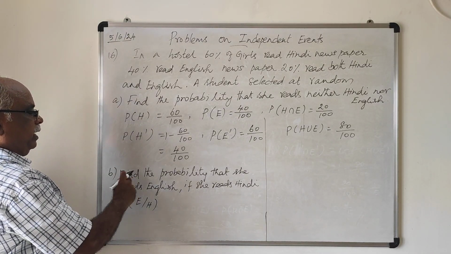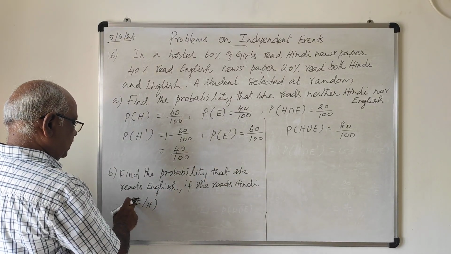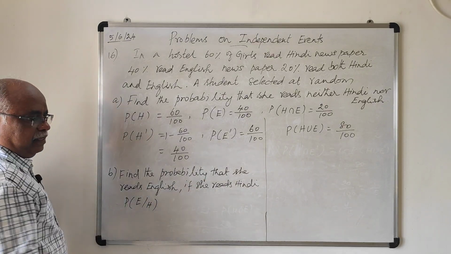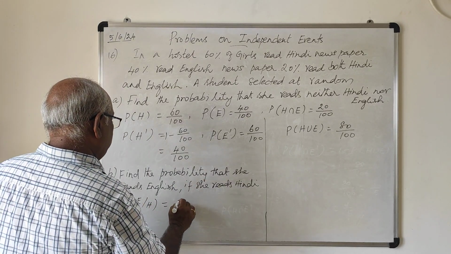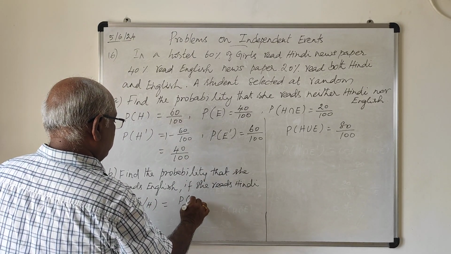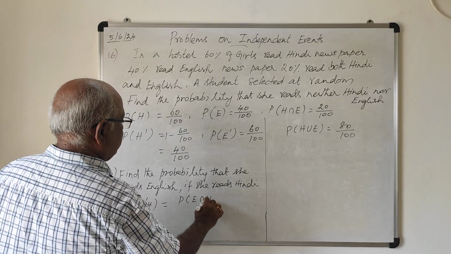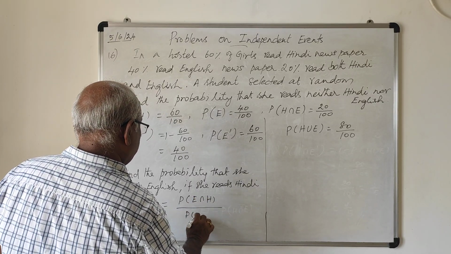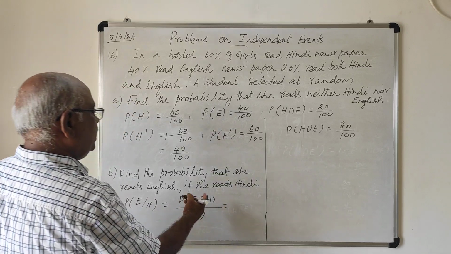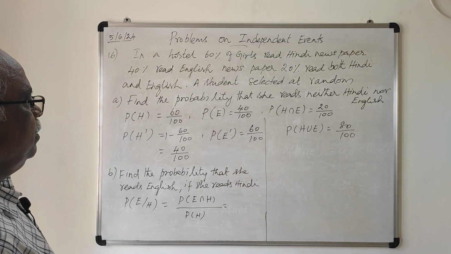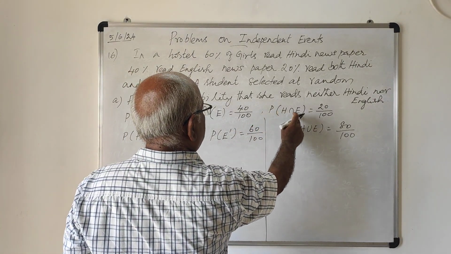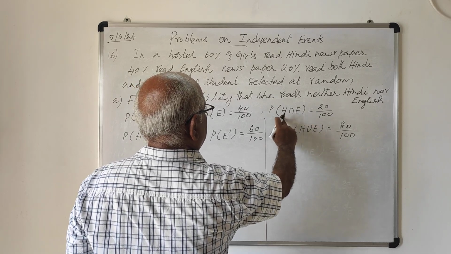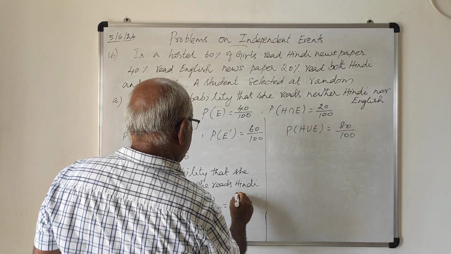P of E by H is P of E intersection H by P of H. We know E intersection H is 20 by 100.